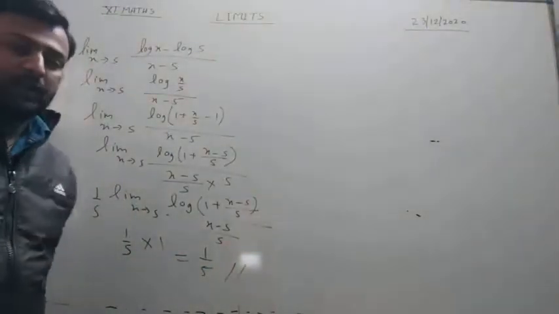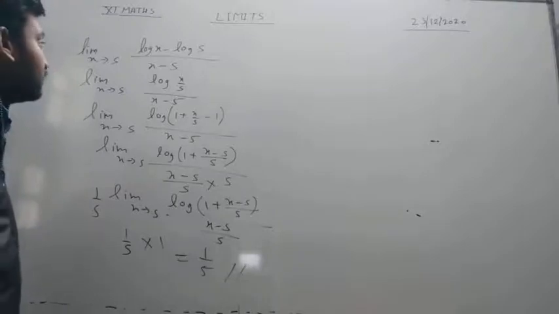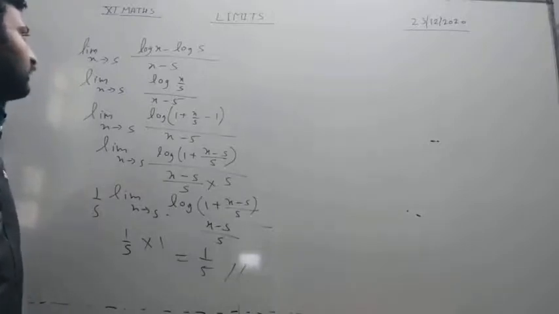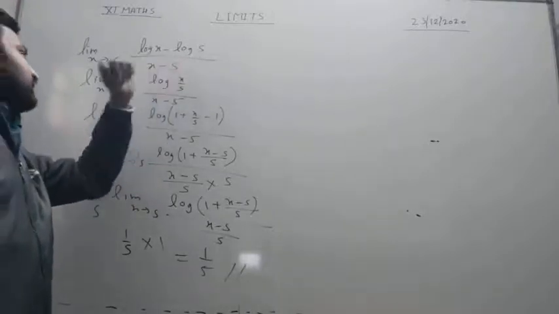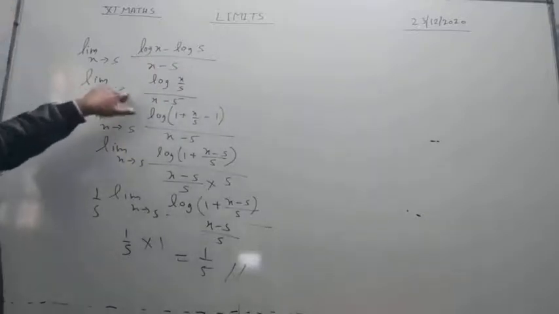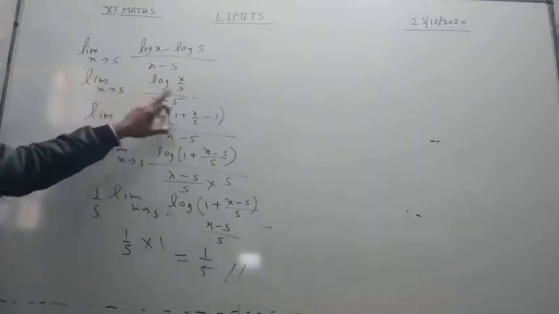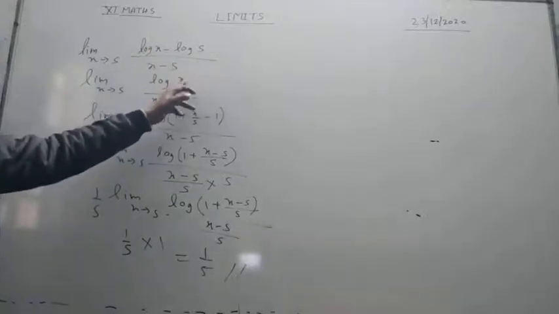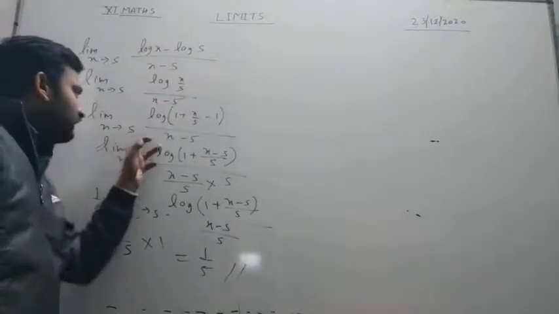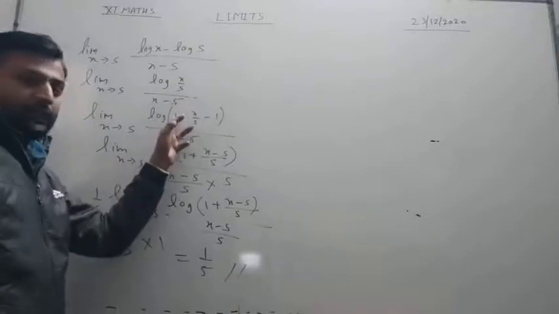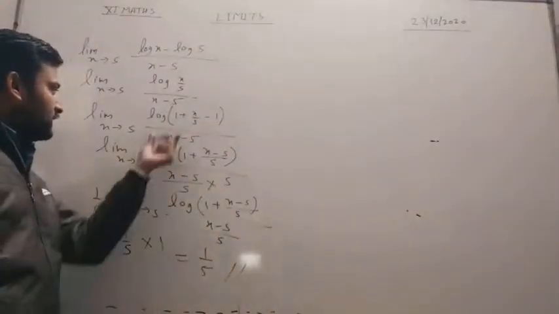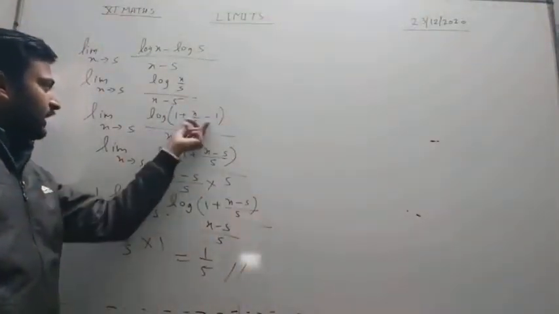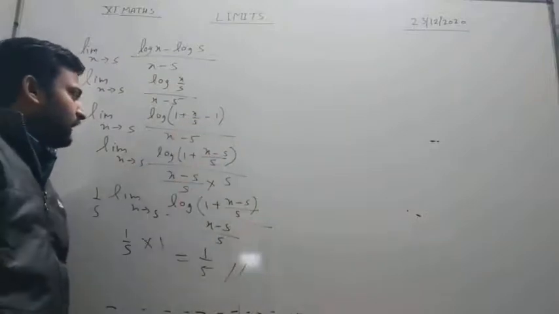Okay student, I hope you understand. Let's see once again. Limit x tends to 5 of log x minus log 5 by x minus 5. Limit x tends to 5 of log(x/5) by x minus 5. We can write this using log m minus log n equals log m by n. Here we are adding 1 and subtracting 1 and taking this one separately, and this is (x minus 5)/5.